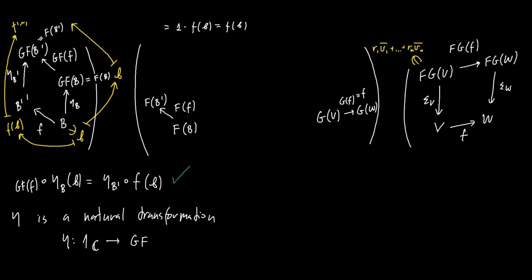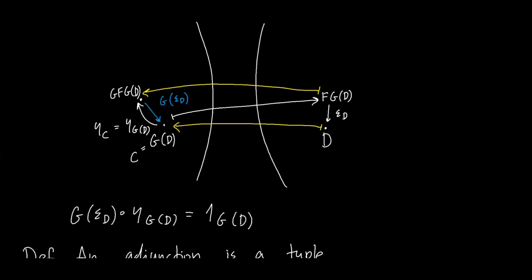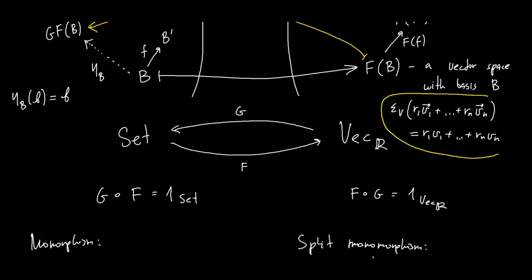By the way, I just remembered that when we described epsilon, we never checked it's a linear map. We should have checked it, but I think it's obvious that it preserves linear combinations because it's evident from the way it's defined.